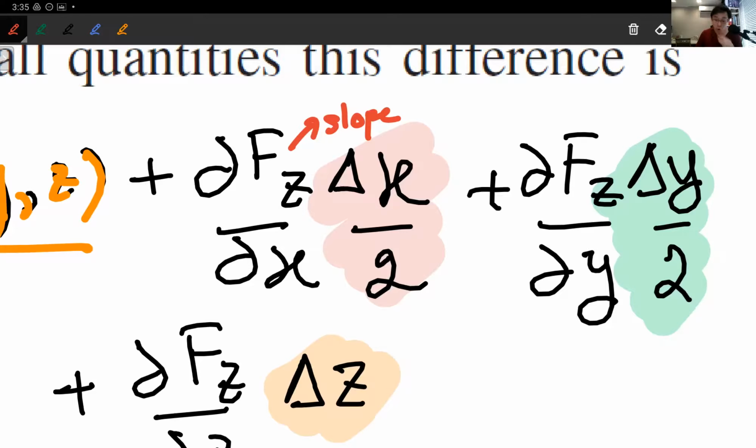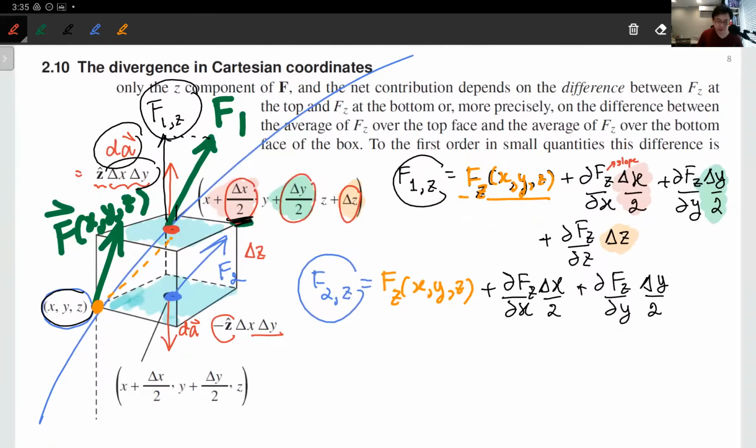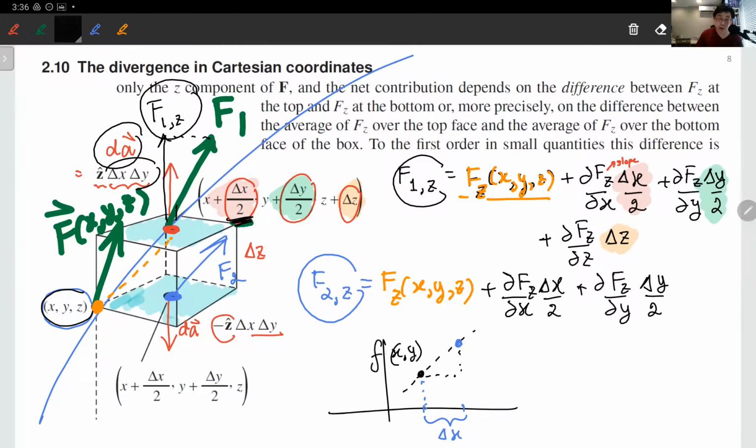Make sense? Okay, for those of you that are confused, what I'm doing over here is the linear interpolation or extrapolation. If you have a point, you want to shoot this point to another point. So you're starting from the original point x, y, and you know that the blue point is delta x away. How can you figure out the value of the blue point? The way that you do is, you just figure out the f at x, y.